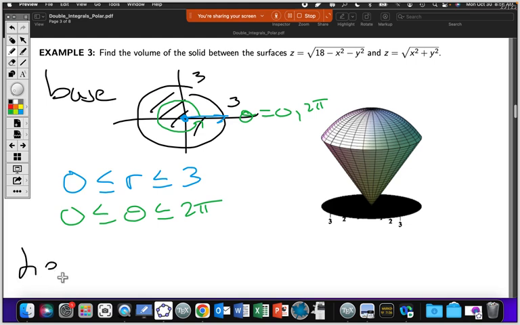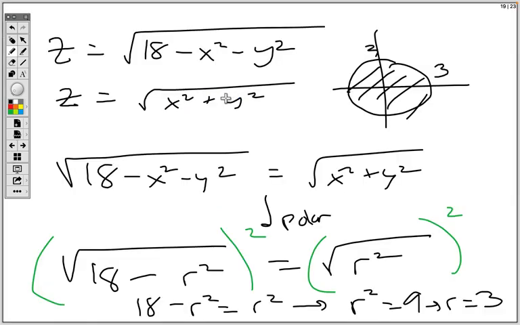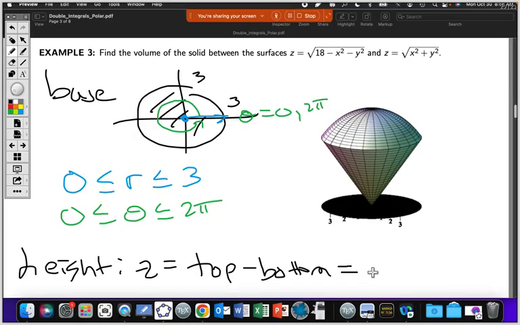And so the height, once again, that's the z, going to be top minus bottom. And we already converted these equations over using polar coordinates. The top is the hemisphere, the bottom is the cone.